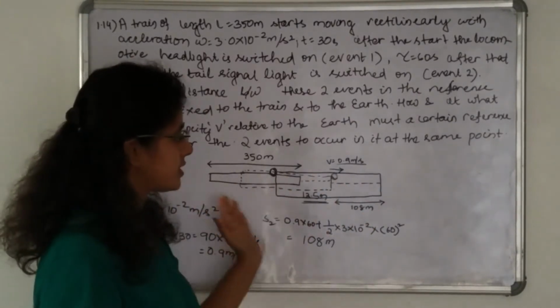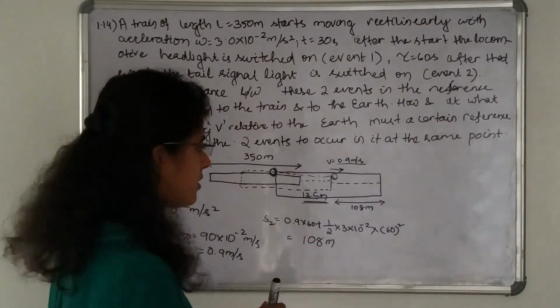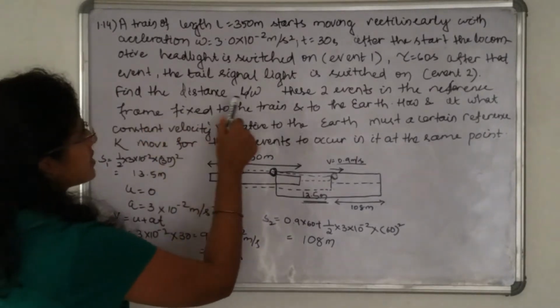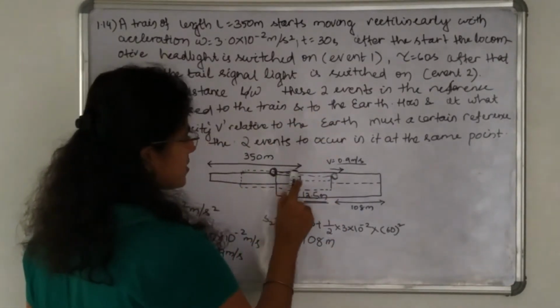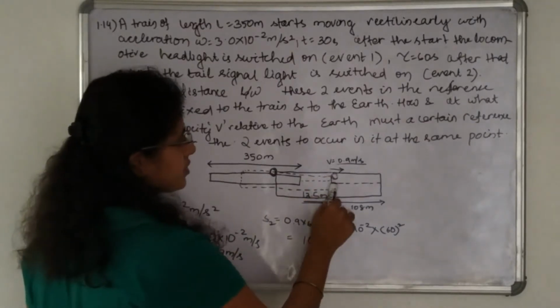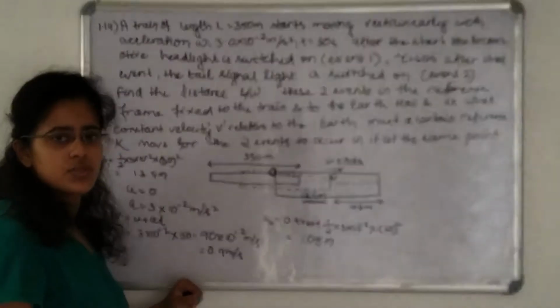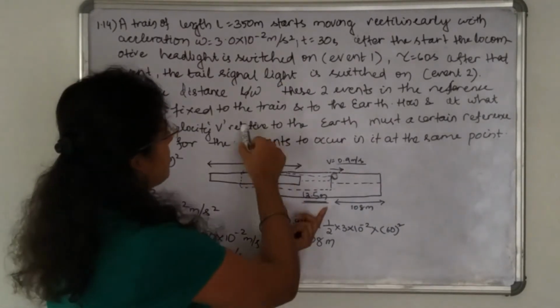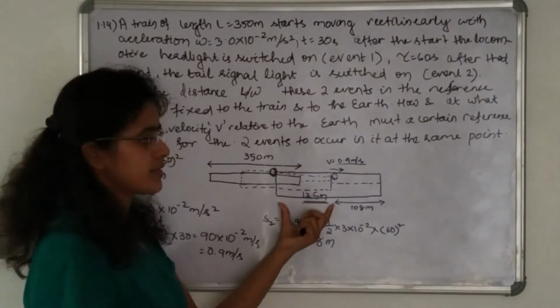Okay, so all these events are happening with respect to me, that is with respect to the earth frame. So we have to calculate the distance between these two events. That is when the locomotive headlight is switched on and when the tail light is switched on. Remember it, I am telling with respect to earth frame. Okay, so we have to calculate this distance.